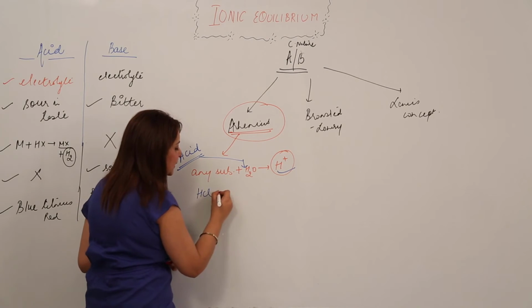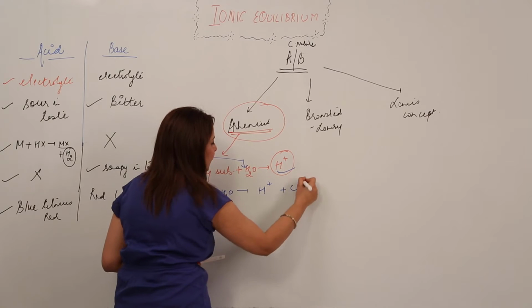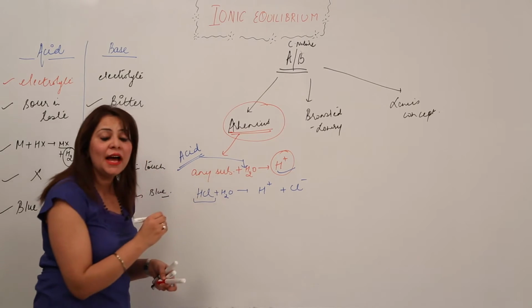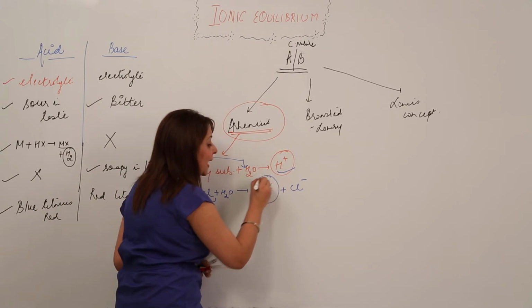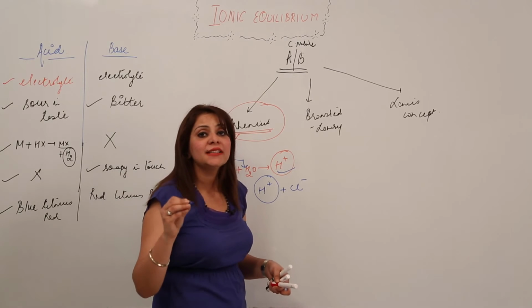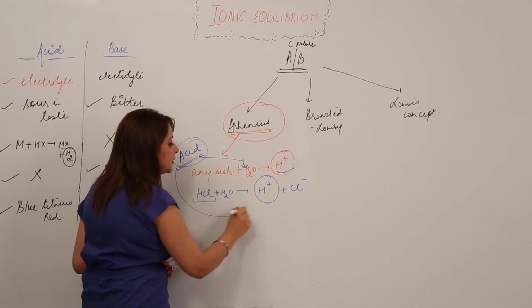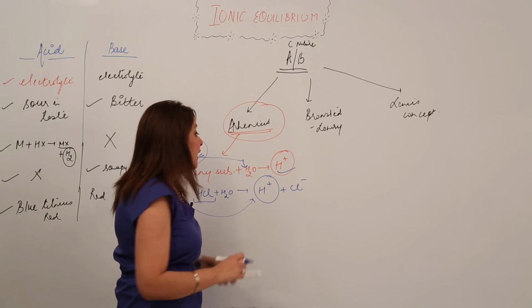When we dissolve HCl in water, we get the hydrogen ion separated from the chloride ion. In HCl we have H and Cl, so it breaks down and releases the H ion, and any substance that releases H ion is considered an acid by Arrhenius. This is how he explained the nature of acid.